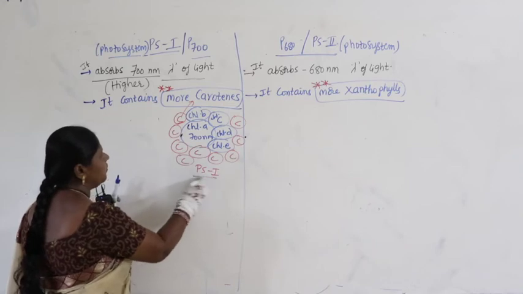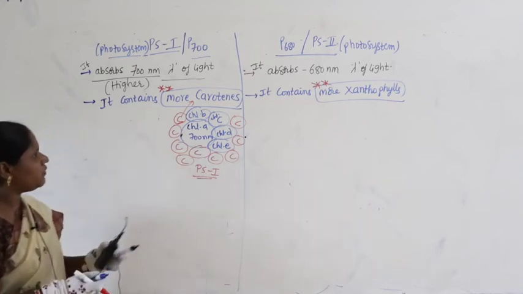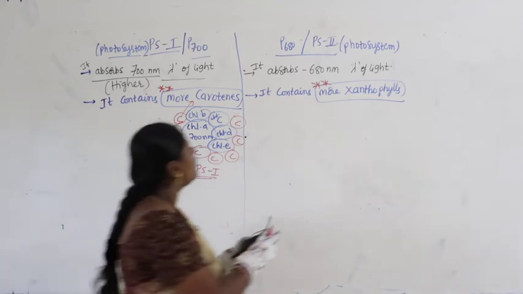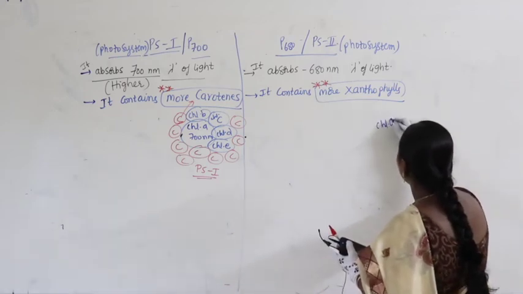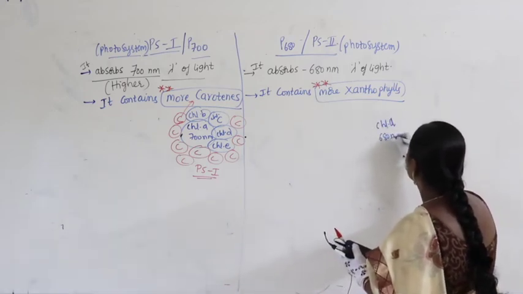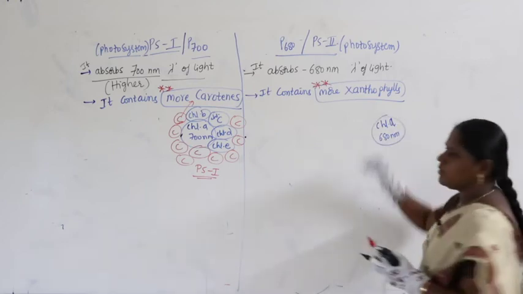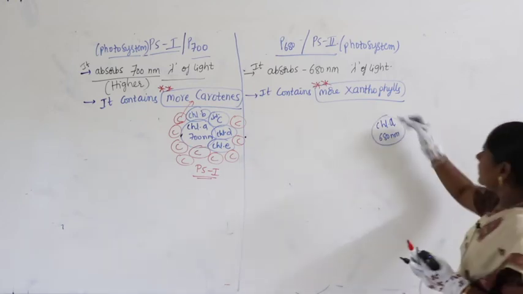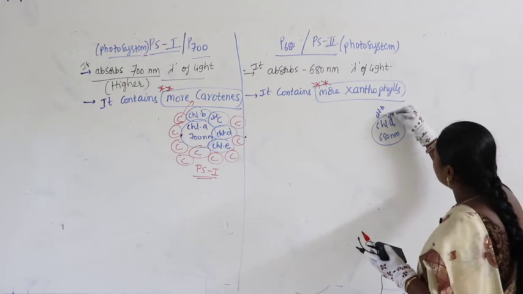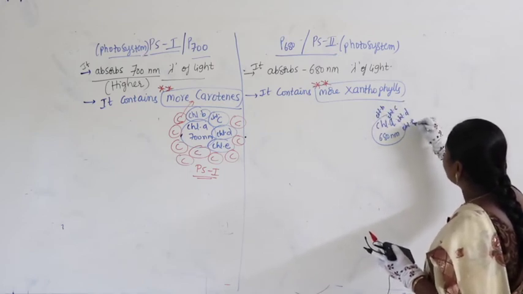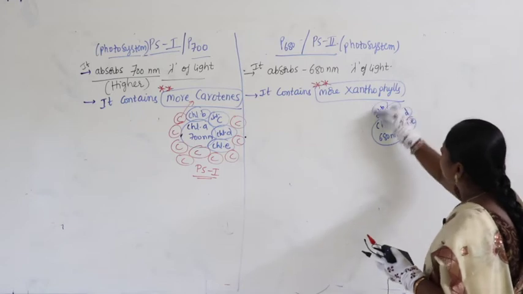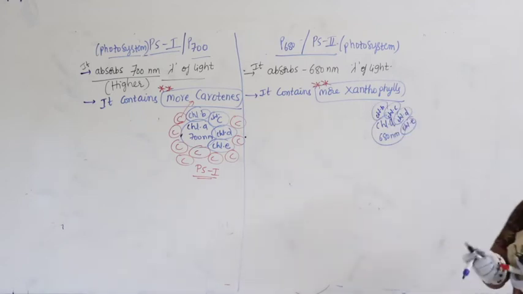If more number of carotenes are there, you have to identify this as photosystem 1, right. Similarly, in case of photosystem 2, I am just drawing chlorophyll A, which absorbs 680 nanometers wavelength of light. Here also it contains chlorophyll B, chlorophyll C, chlorophyll D, chlorophyll E, but along with that it contains more of xanthophylls.